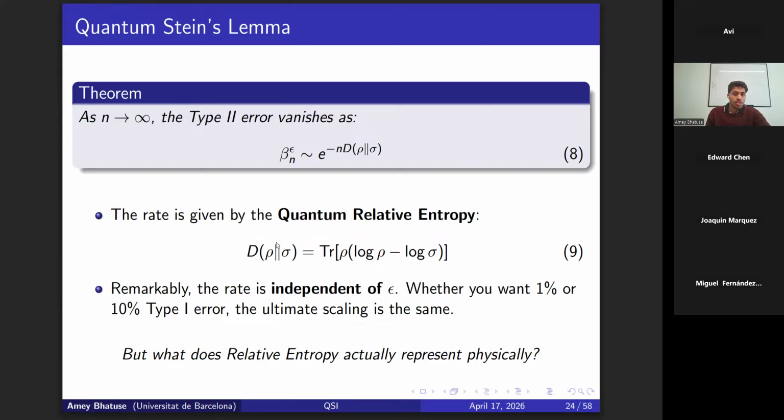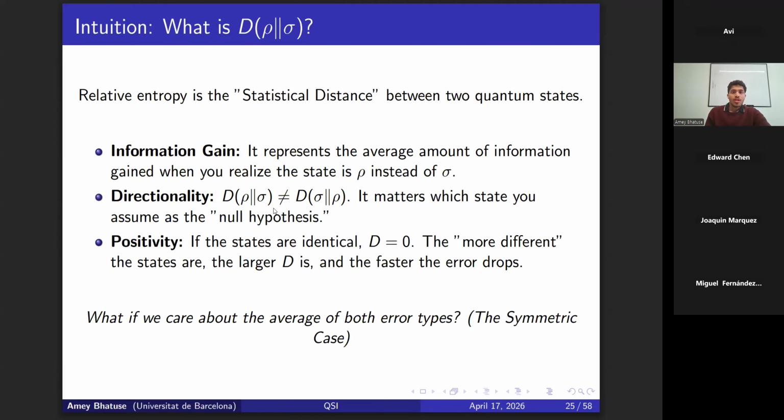But what does it represent physically? Relative entropy is like a statistical distance between quantum states. It tells us how much information we can have about a quantum state if we already have a different quantum state.